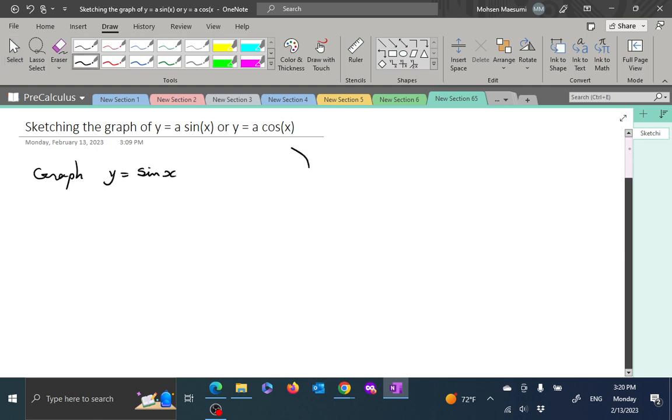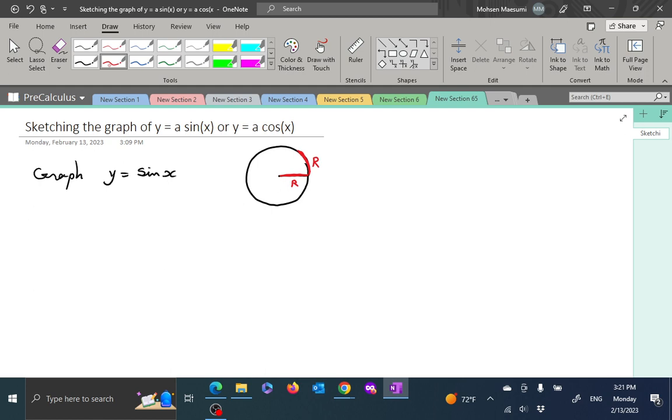So let's just quickly go ahead and review what a radian was. The idea of a radian was we take the radius of a circle laid on the side of the circle itself. So if this is the radius r, we pick a string of length r, put it on the circumference, and when we connect this to the origin, that is 1 radian.